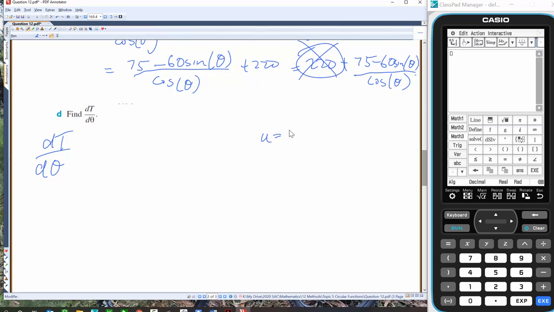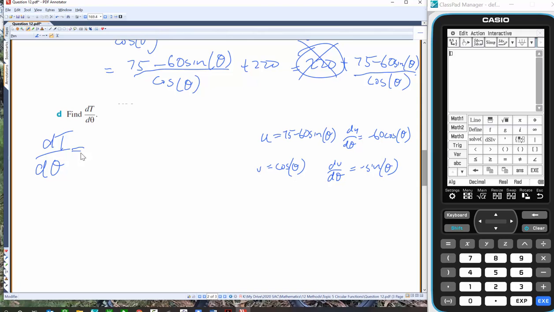I'm going to say that u is equal to 75 take away 60 sine θ, and v is equal to cosine θ. du/dθ is equal to, constant chops out, sine goes to cosine, negative stays there, negative 60 cosine θ. dv/dθ is equal to negative sine of θ.